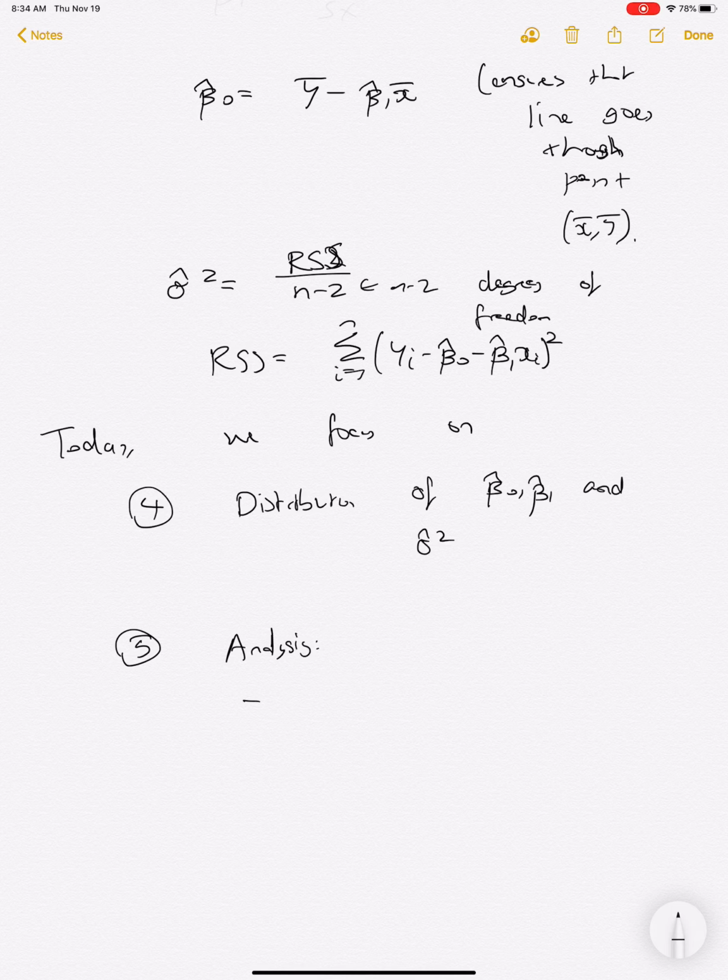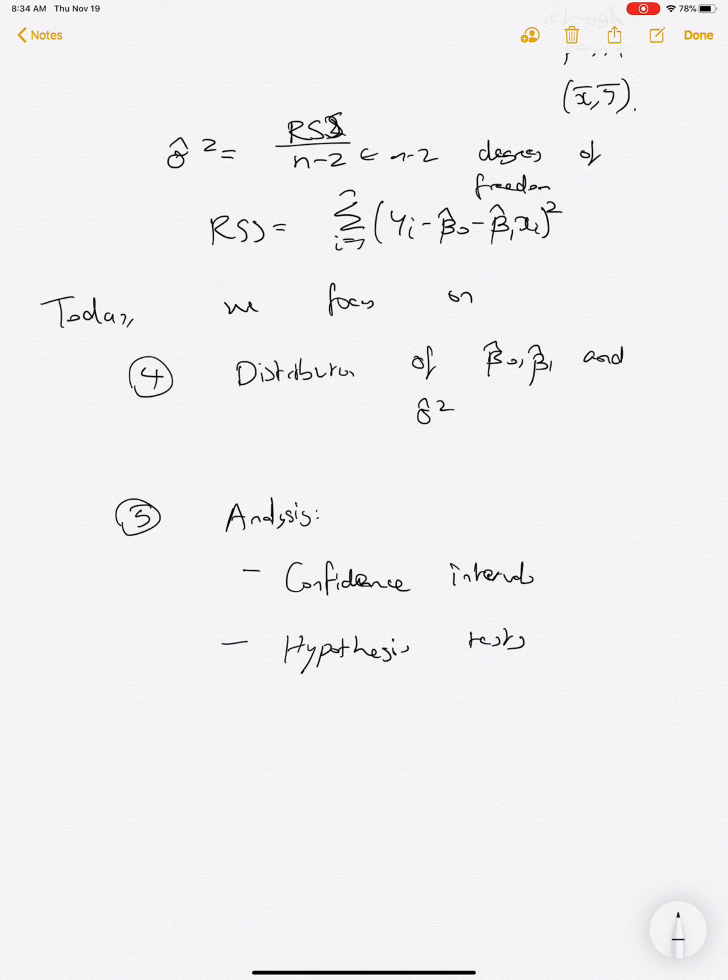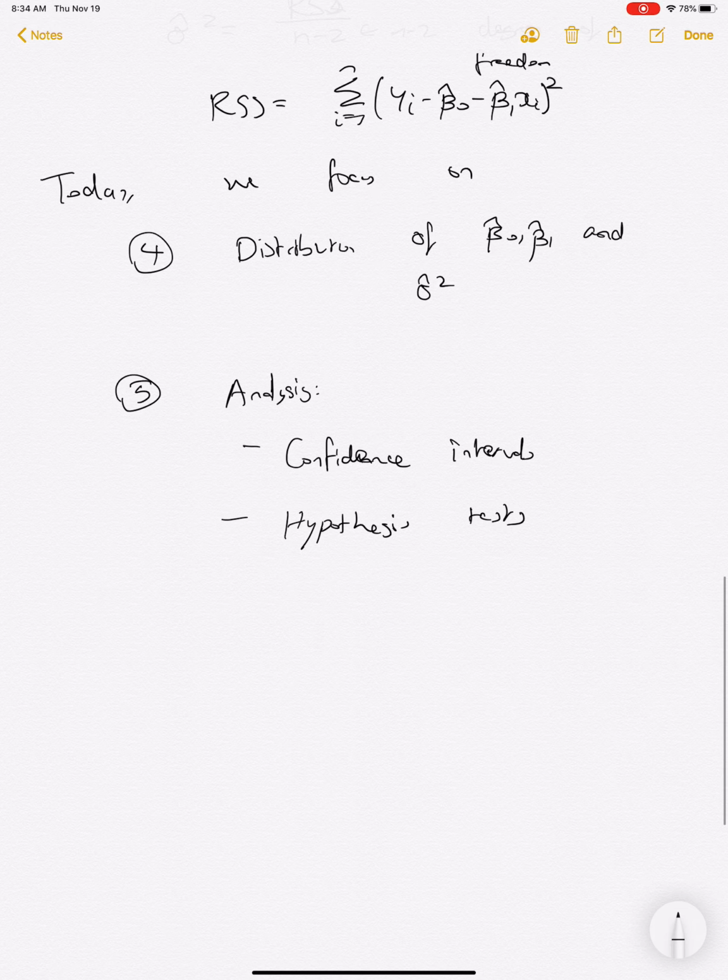This is essentially if we want to find confidence intervals, or if we want to do hypothesis tests. And once we have the distributions, we can do these things.